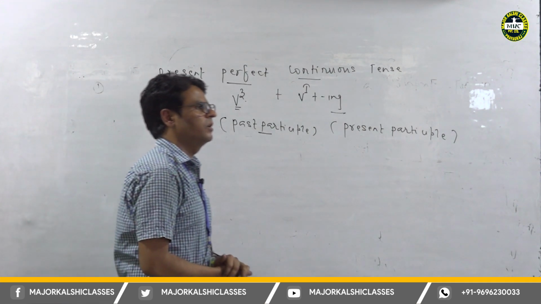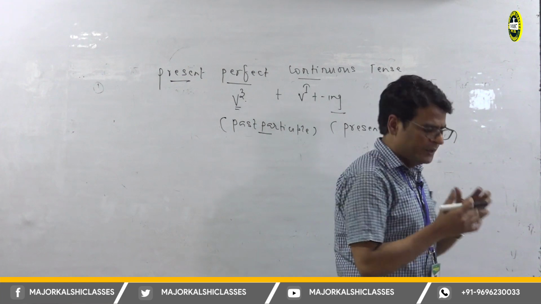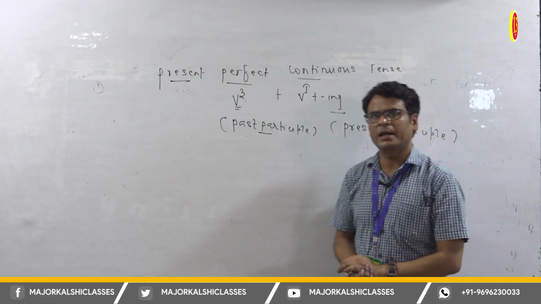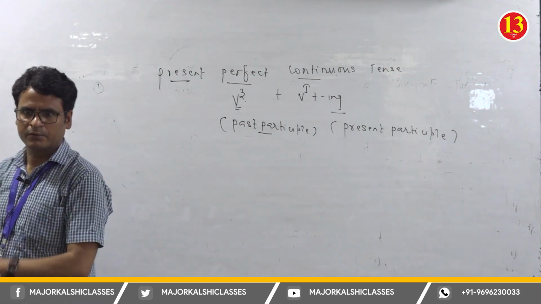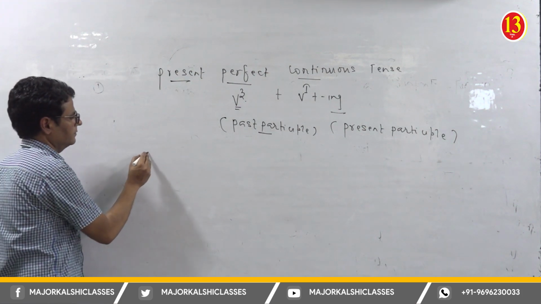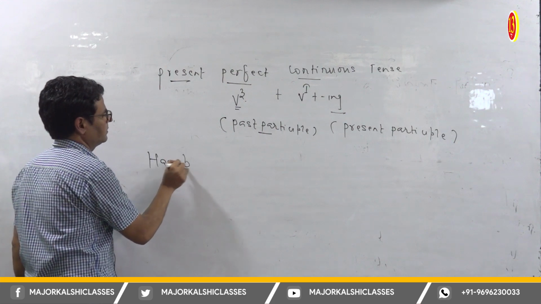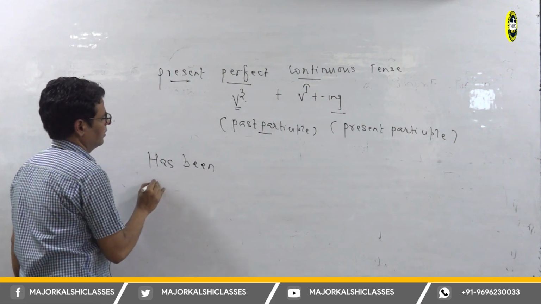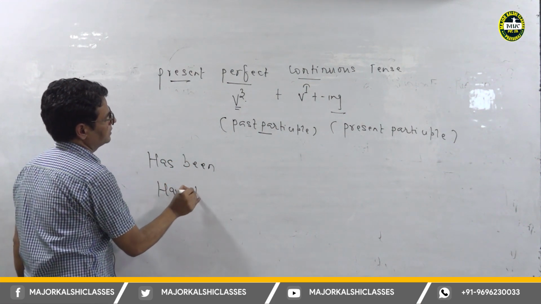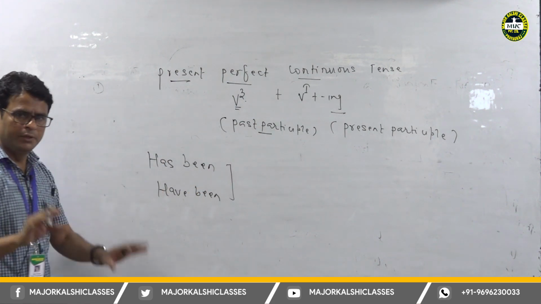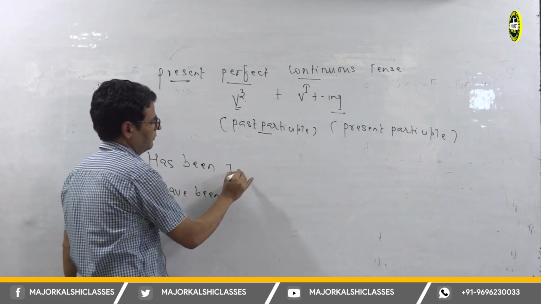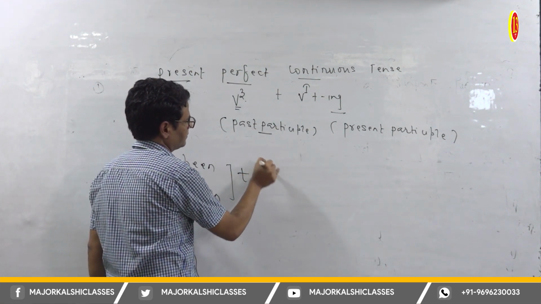Because in present perfect continuous tense, we use the auxiliary has been or have been, and after that we use the ing form, the first form of the verb.